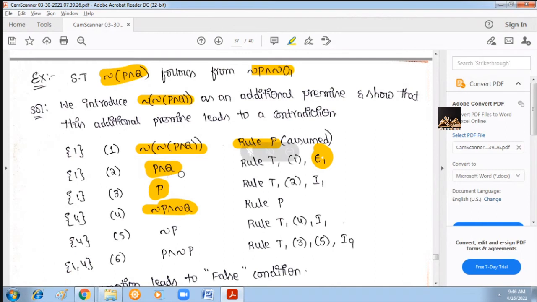From this second step, using the first implication, you can imply P, right?